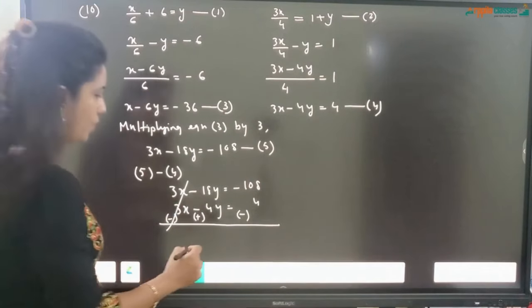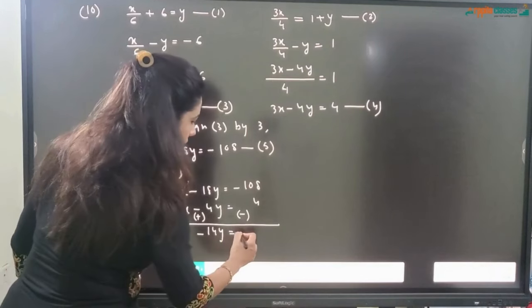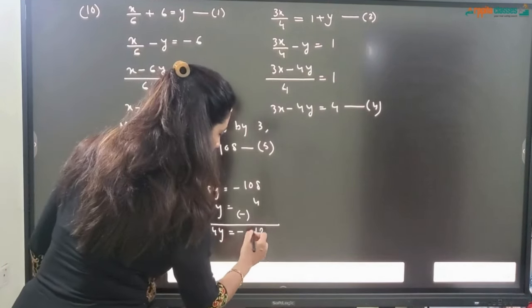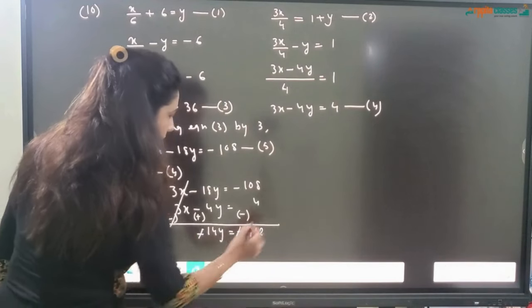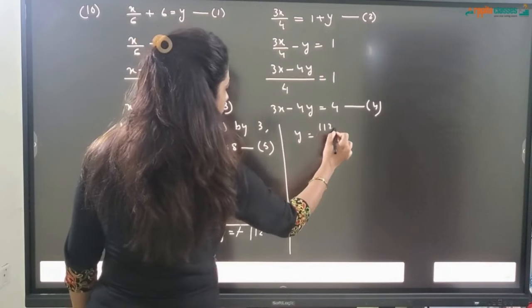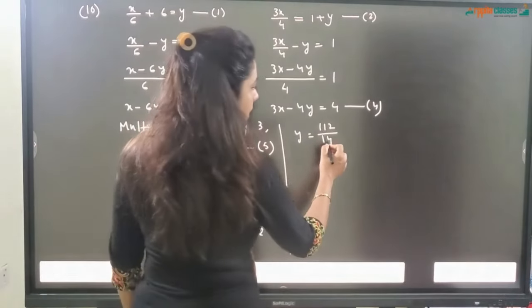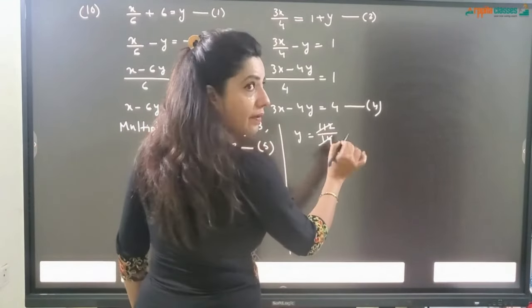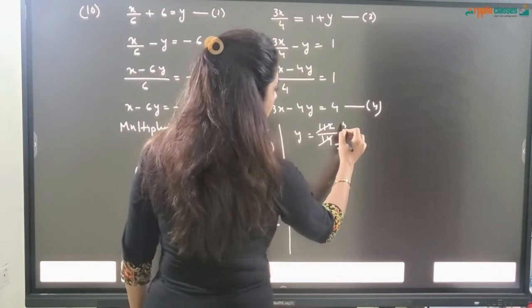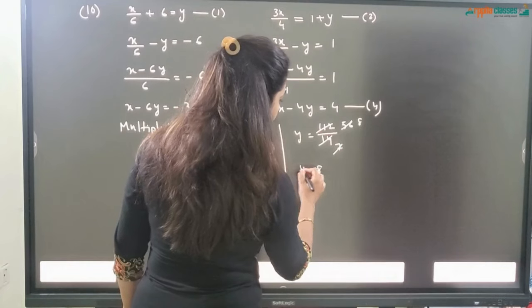Minus 18 plus 4 will give you minus 14y is equal to minus 112. So minus and minus gets cancelled. So we get y is equal to 112 upon 14. Let us see how much it is coming. So y is equal to 8.